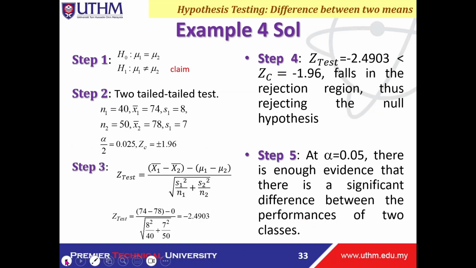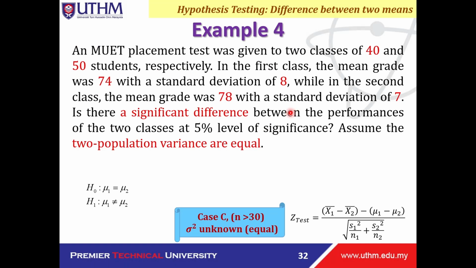Step 1: write down the null and the alternative hypothesis. Is there a significant difference between the performance of the two classes? So is mu1 equal to mu2? That's what we are asking, the claim in the null hypothesis.